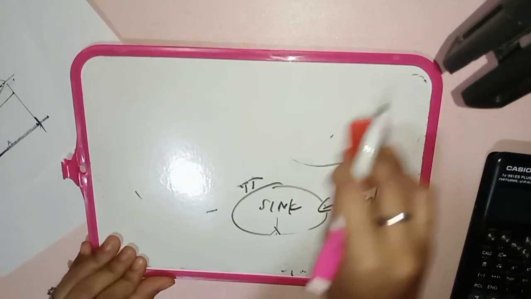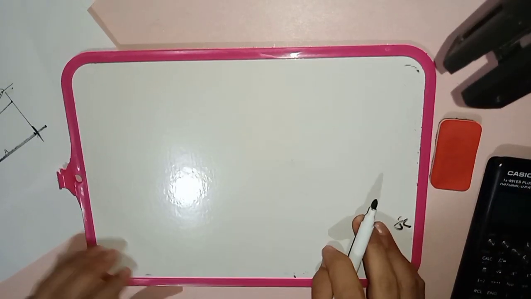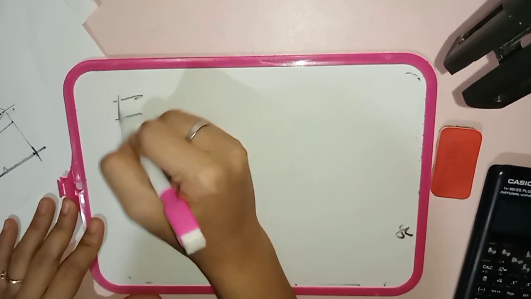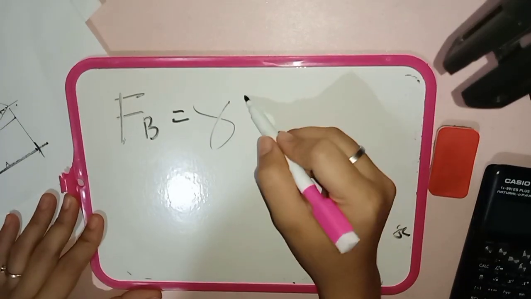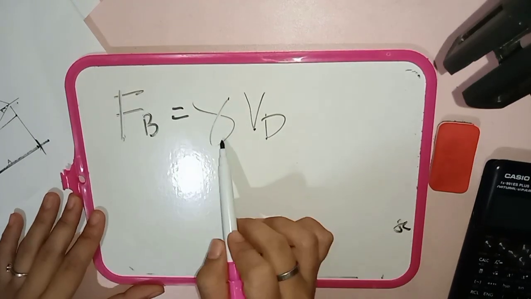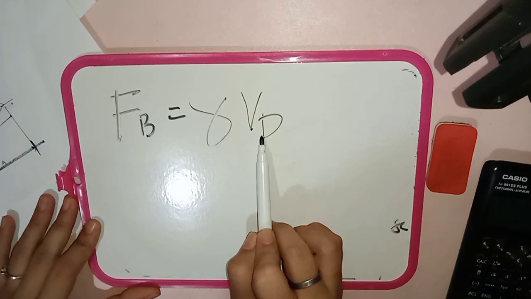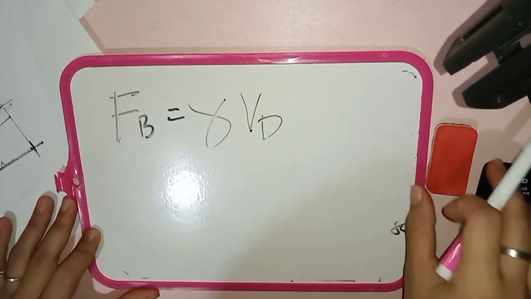Now I will introduce the formulas using Archimedes' principle. Getting the buoyant force is just equal to unit weight times volume displaced, where unit weight is the unit weight of the fluid and VD is the volume displaced by the submerged body.